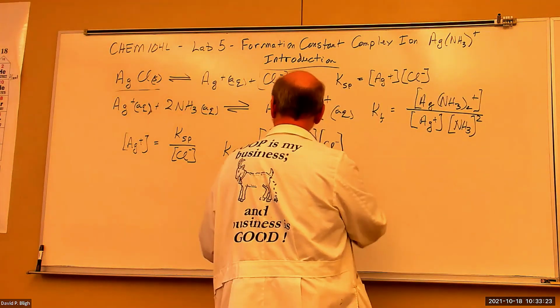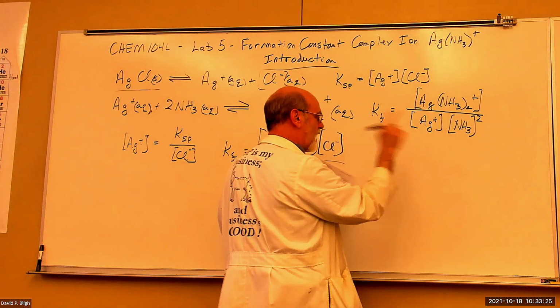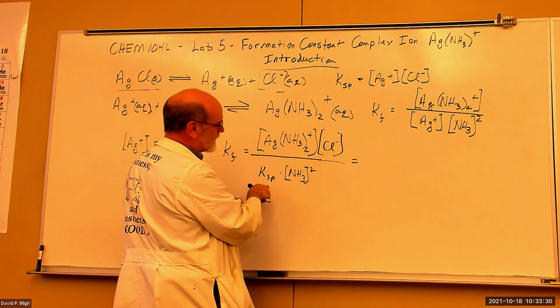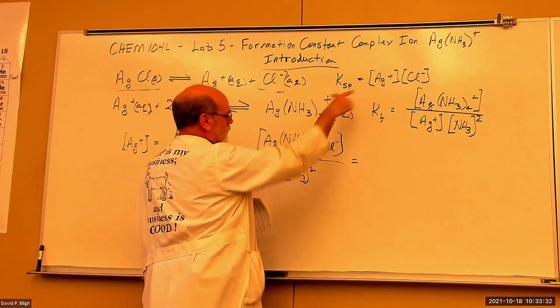And in order for the ice table to make sense, we have to break out this KSP again as silver and chloride.